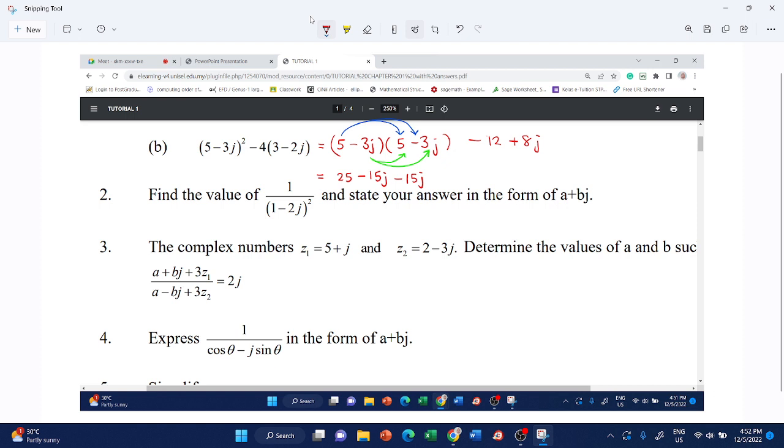But j power 2 is equal to negative 1, so that means here we have minus 9, correct? Then you can proceed, continue for the remaining numbers, combining the real numbers, and the imaginary with the imaginary.